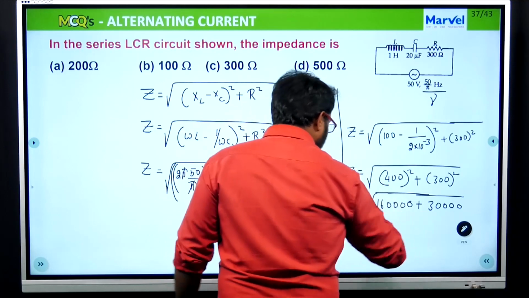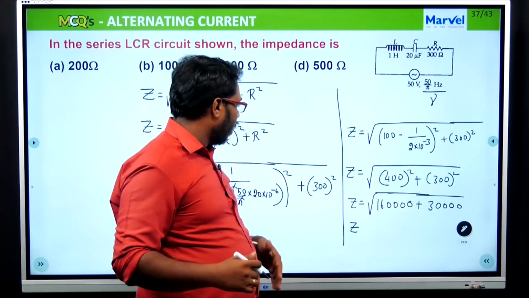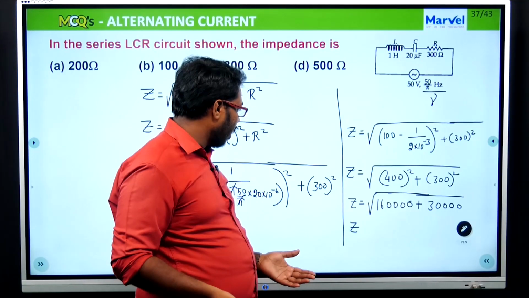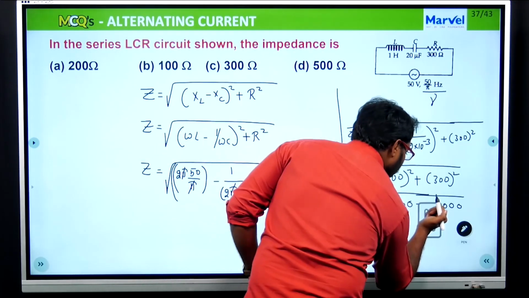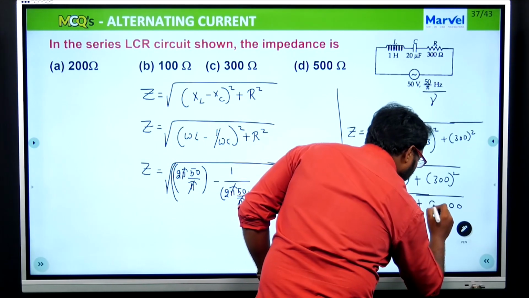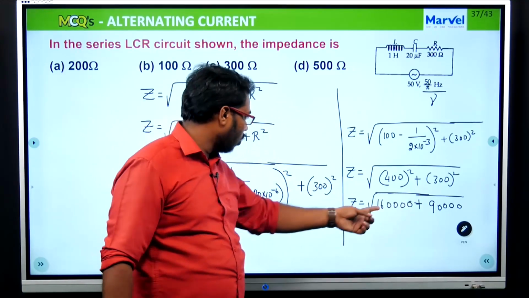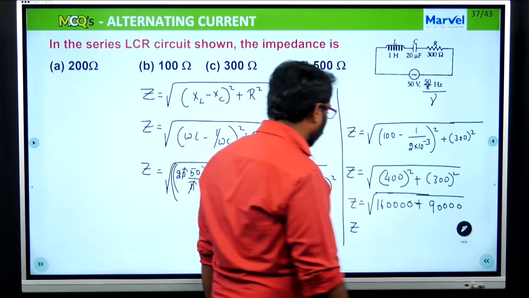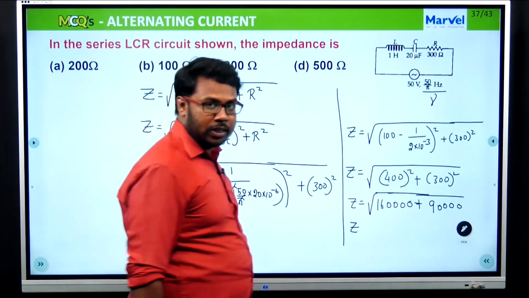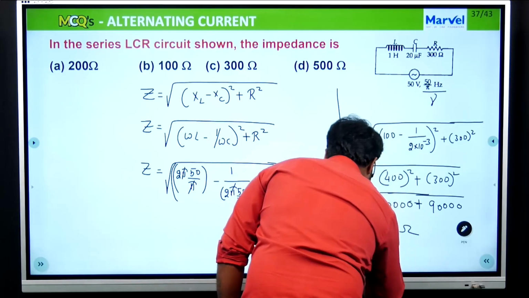So now adding both, I'll directly get the answer. Sorry, here it is 9 followed by 4 zeros. Small correction. It's 9 followed by 4 zeros. So 16 plus 9 is 25. So we will get 2,50,000. So 2,50,000 inside a root is nothing but 500 ohms.